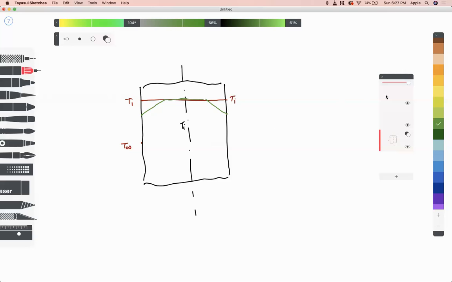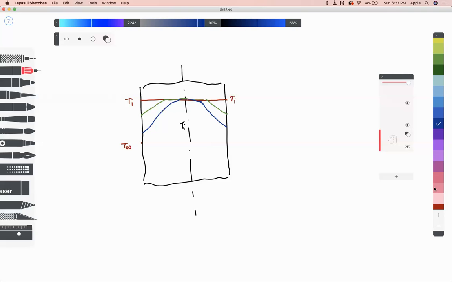After a little bit more time, we will see that the outside temperature is now almost approaching T infinity, and the core has almost started to cool, but at the axis it is still at Ti, and the other side is the same.